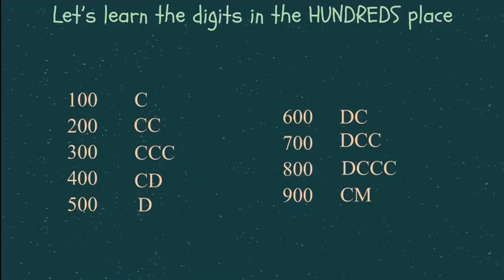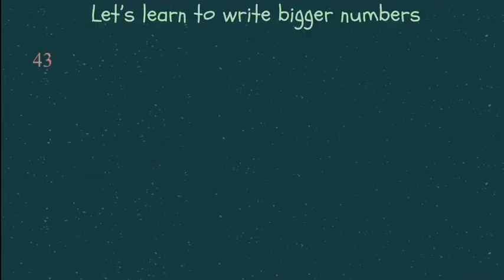So now let us see how we can actually find the values if we are given a number or a Roman number. Suppose you want to find out the representation for number 43.